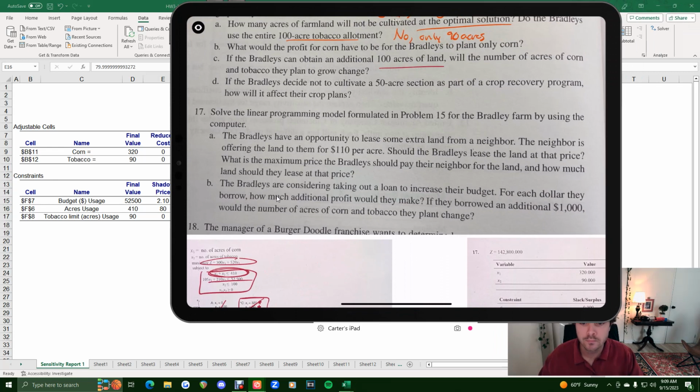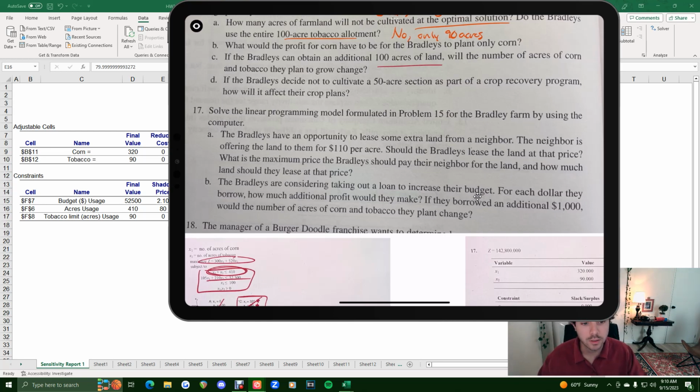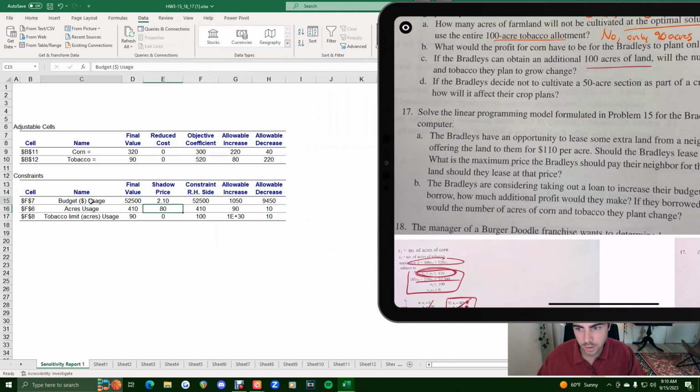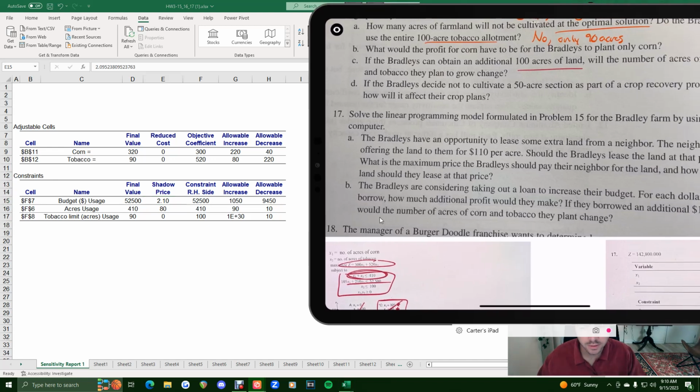17B. The Bradleys are considering taking out a loan to increase their budget. For each dollar they borrow, how much additional profit would they make? If they borrowed an additional $1,000, would the number of acres of corn and tobacco they plant change? So, increase their budget. It looks like here the budget has a shadow price of $2.10. So if you increase the budget by $1, you're getting $2.10 extra profit.